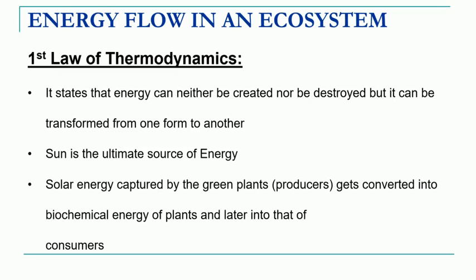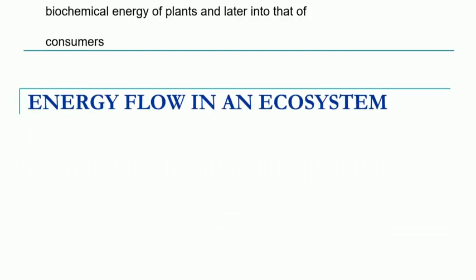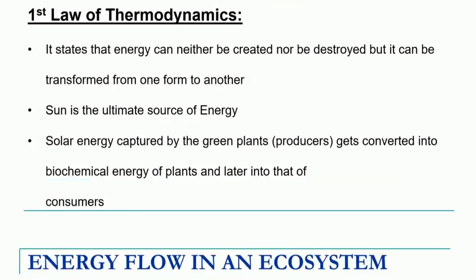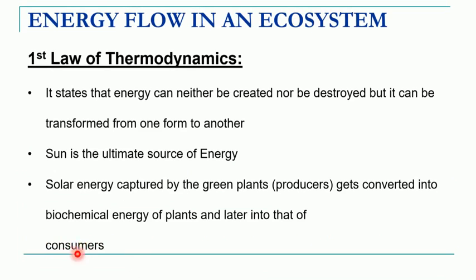Solar energy captured by green plants, which are producers, is converted to biochemical energy, that means the food of the plant. By the process of photosynthesis, they use CO2 plus H2O in the presence of sunlight and chlorophyll pigment. They produce glucose as the food source. And this food source is the ultimate source of energy for the other organisms in the food chain, which are called consumers.